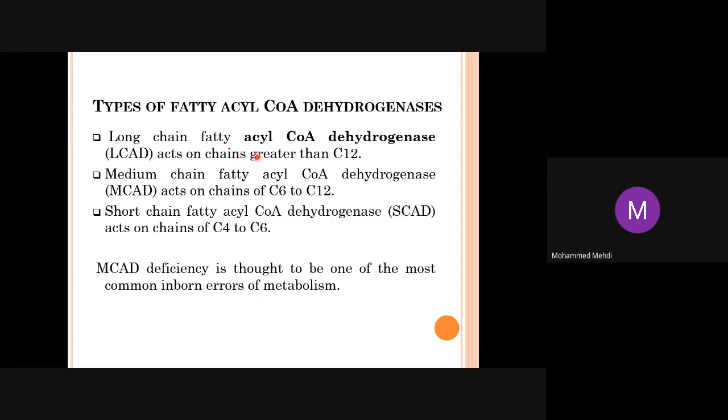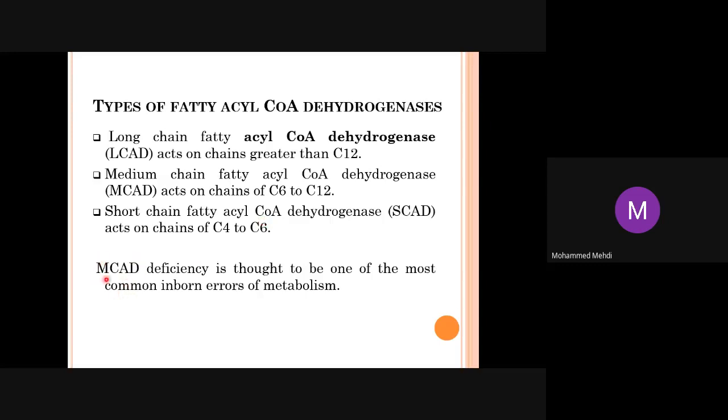Long chain fatty acids have carbon number greater than 12. Medium chain fatty acids have their own medium chain acyl-CoA dehydrogenase enzyme. Medium chain fatty acids have carbon number between 6 to 12. Short chain fatty acids have carbon number between 4 to 6. 4 to 6 carbon is found in the short chain fatty acid, and it is oxidized by its own acyl-CoA dehydrogenase enzyme.